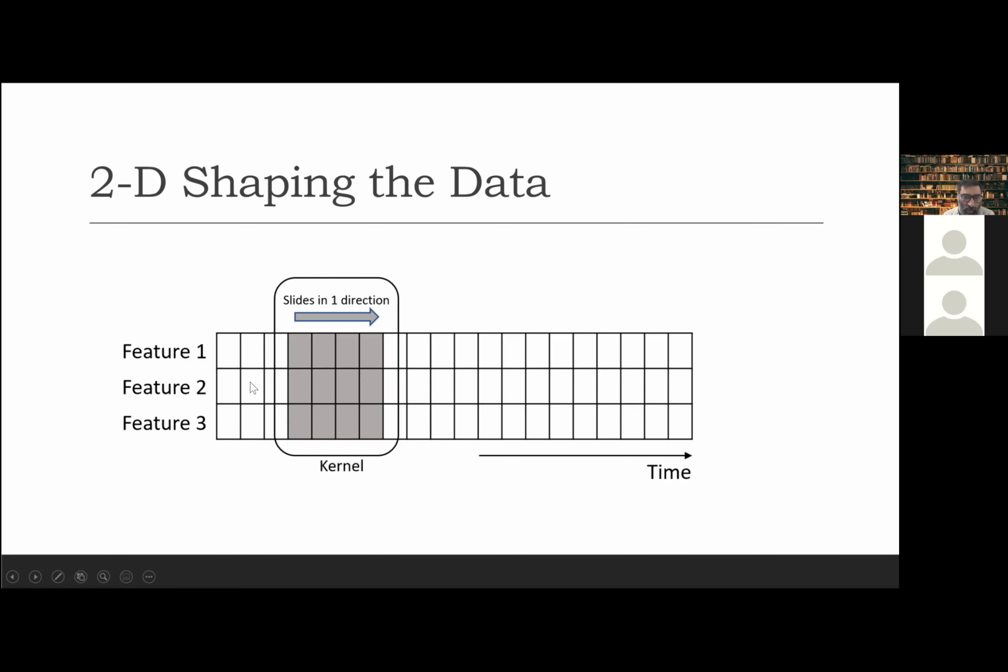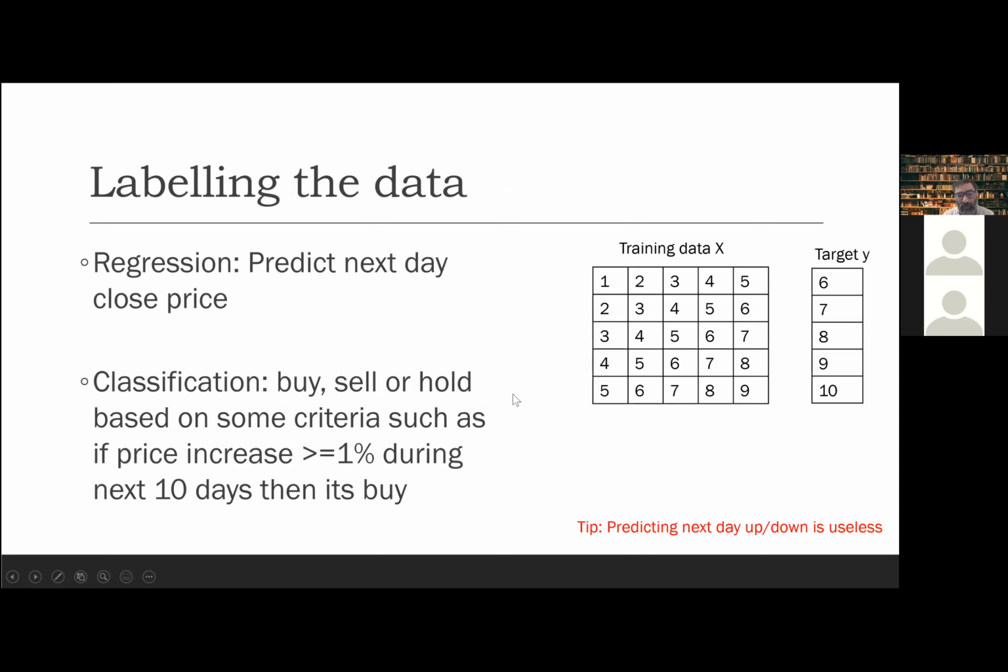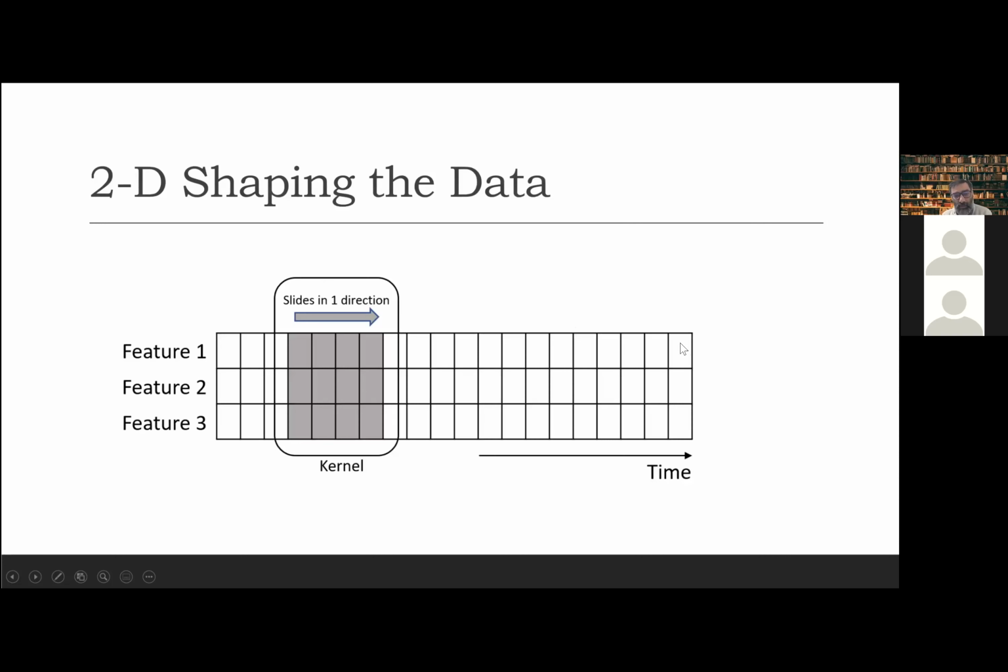Then you can make these 2D arrays and create a sliding window kernel which moves around in time, and you continue to pick up the labels from the data. Depending on the type of labeling you do, you can predict the next day close price or what's going to happen after 10 days.